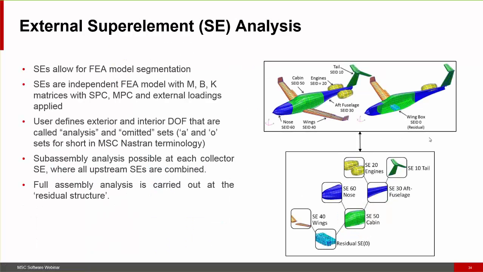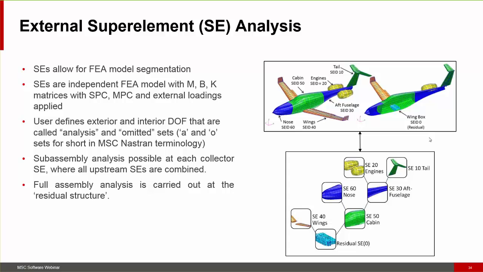Another concept that becomes very important, and I mentioned it very early on, is the ability to use superelements with rotors. Superelements allow you to segment your FEA model, and each one of those segments is in essence an independent FEA model that has its own mass, damping and stiffness matrices, and to which constraints and loadings are also applied.